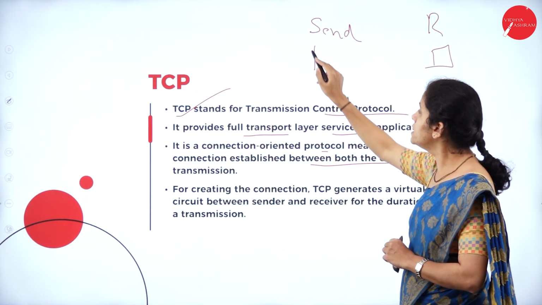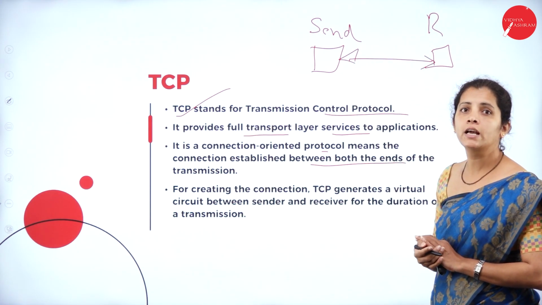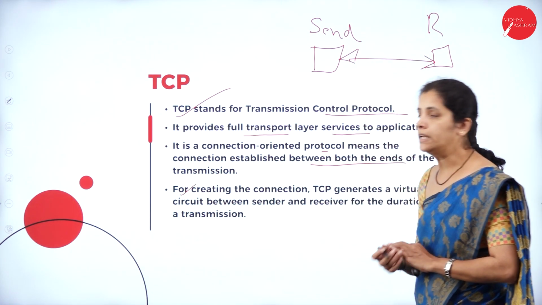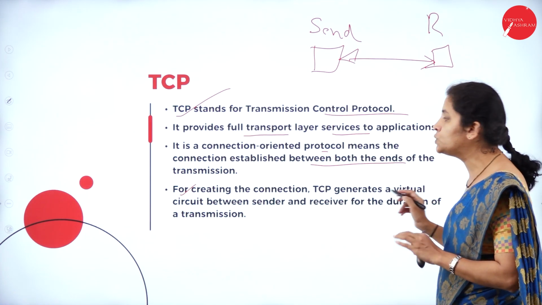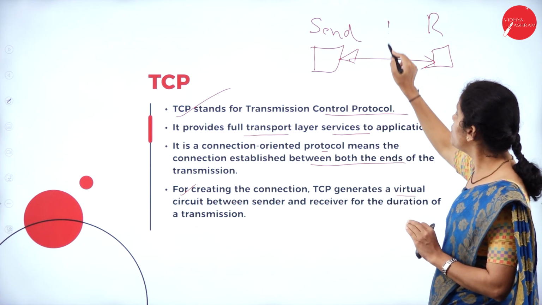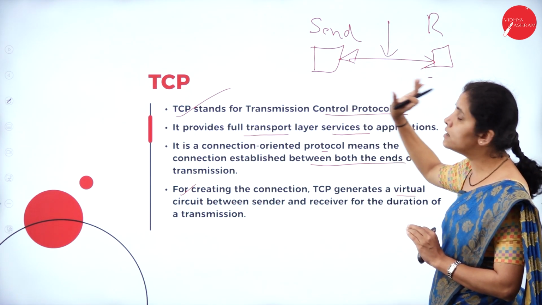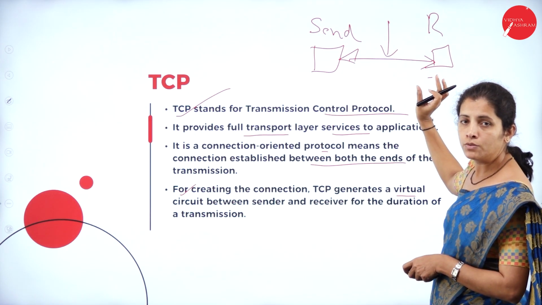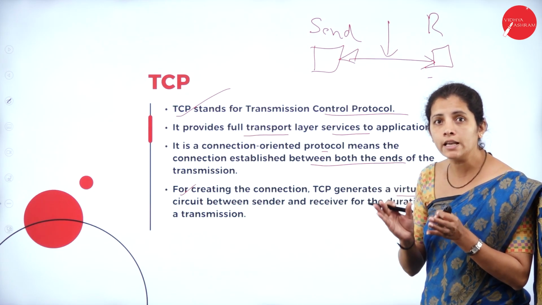By using TCP, I am able to establish the connection. For creating a connection, TCP uses a virtual circuit. So it is a virtual circuit or virtual link between sender and receiver. For that reason, it is called connection oriented. Why is it connection oriented?